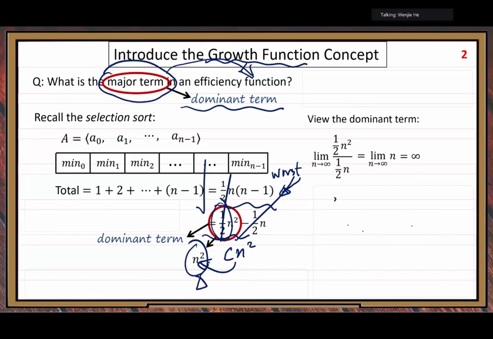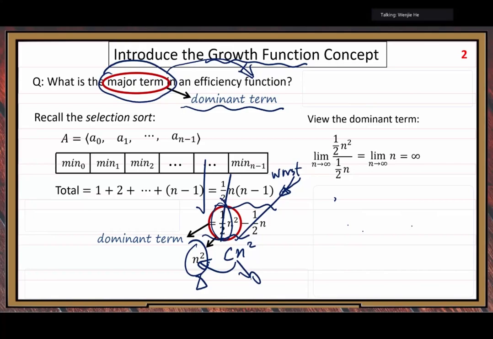Actually, c is a positive number. Any positive number times n squared, we put it in the same category as n squared. How about that? This is what I mean by abstraction. So this part is very abstract. That's the meaning of abstraction. We do a lot of mental work with this kind of abstraction.